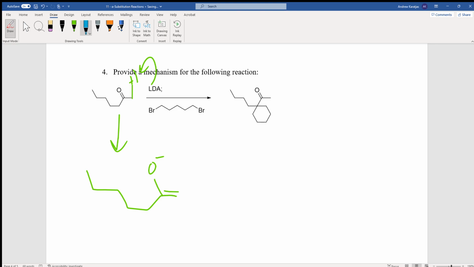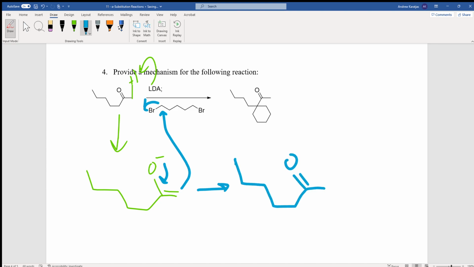And then that enolate reforms the carbonyl and gives us our initial product. So we've now added a 5-carbon chain with a bromine left at one end.